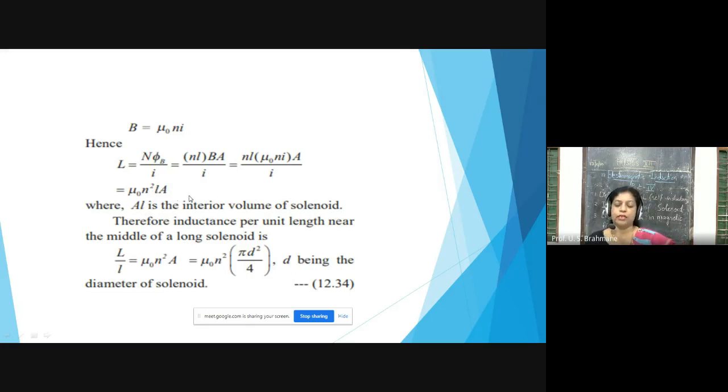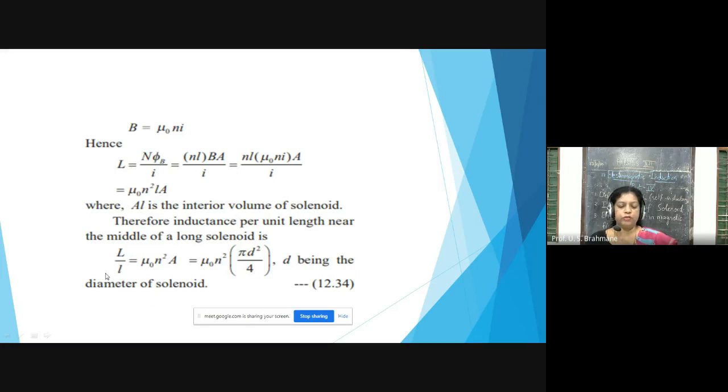Therefore, the inductance per unit length near the middle of the long solenoid, capital L upon L, is equal to mu 0 n square A, which is equal to mu 0 n square pi r square. R means nothing but D upon 2, so it is written in that form, pi D square upon 4, D being the diameter of the solenoid.